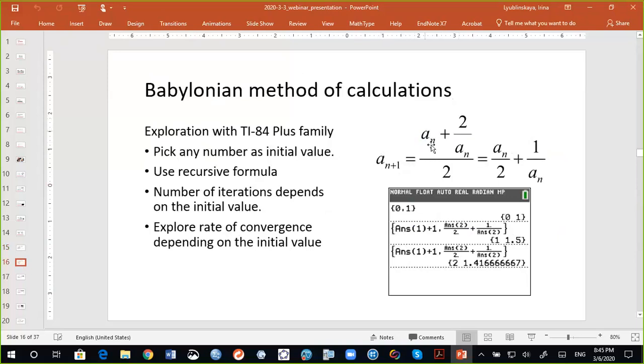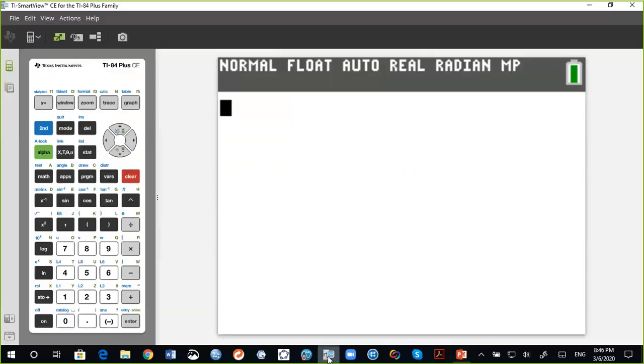You take any number, add 2 over that number, and then divide the sum by 2. You will get the next iteration, and you continue going. We could explore this with the TI-84 family, and the same way with the TI-Nspire as well. So let's take a look at how we can do it with the TI-84.